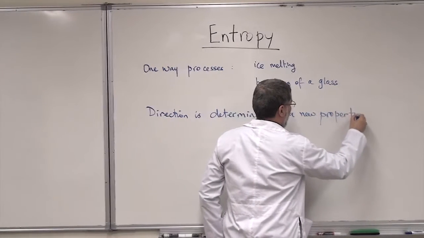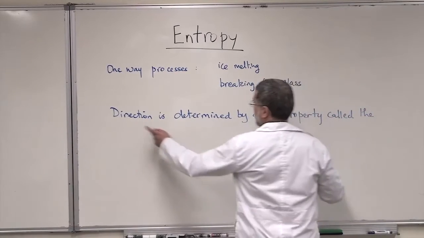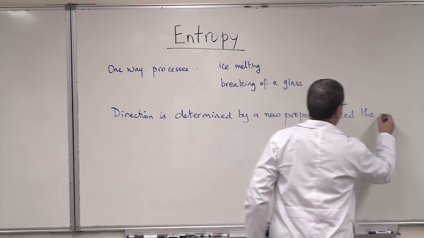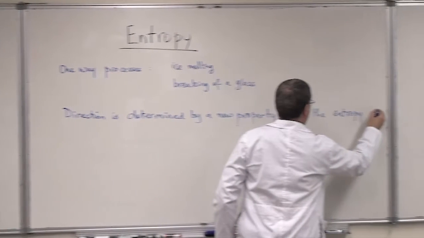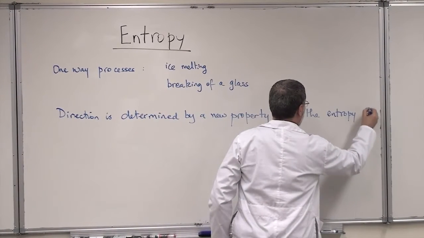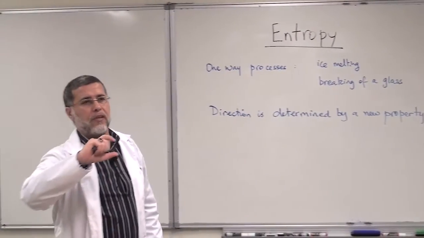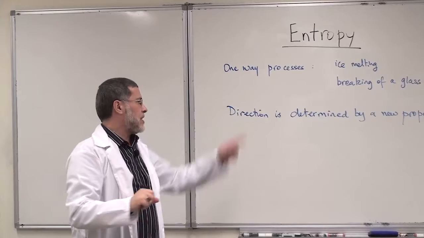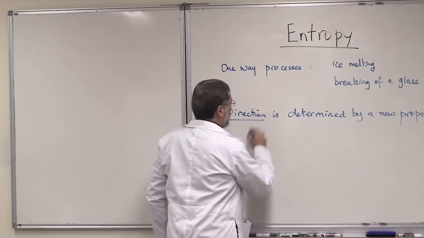We call this property, which gives you the direction of the process, the entropy. And the letter for the entropy is S, okay? Like there was a specific letter for the internal energy, which was E, and now we call it the entropy. It gives you the direction of the process.